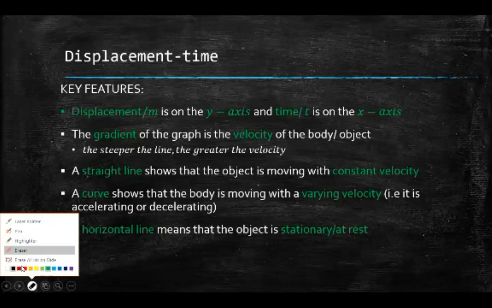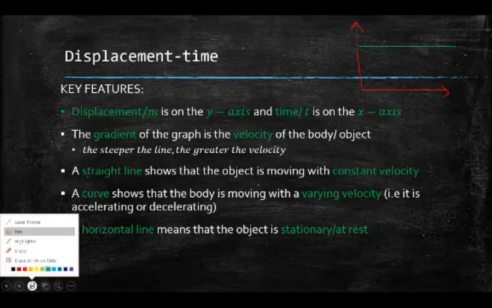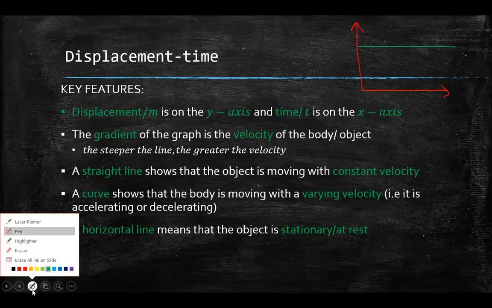So let me just draw a graph again. Displacement is y, time is x. If I have a horizontal line going like this, let's say this is my graph, and that's my horizontal line.